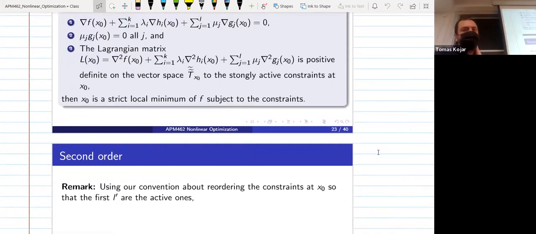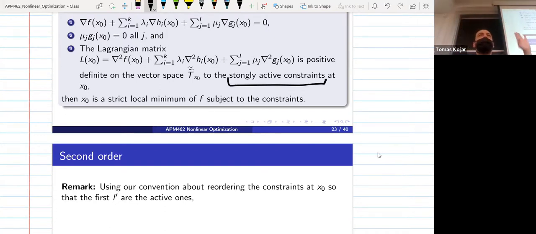Yeah, all right. So let me give you an even easier condition. I want to talk about strongly active constraints. Let me remind you: if you get a problem with inequality constraints and we give you the local min, you check which ones are active or inactive. If they're inactive, you throw them away.